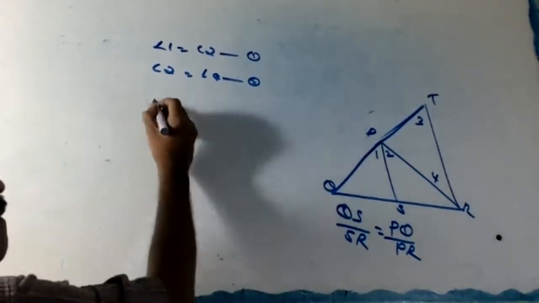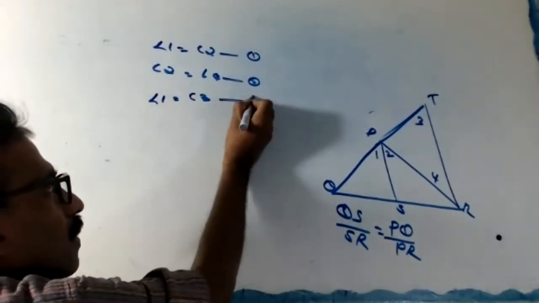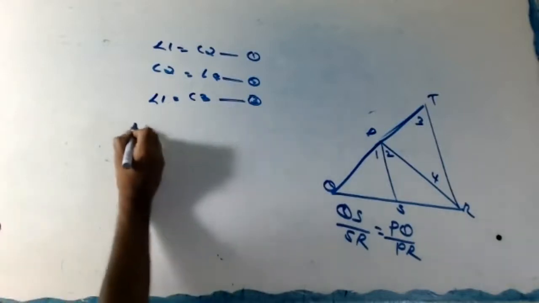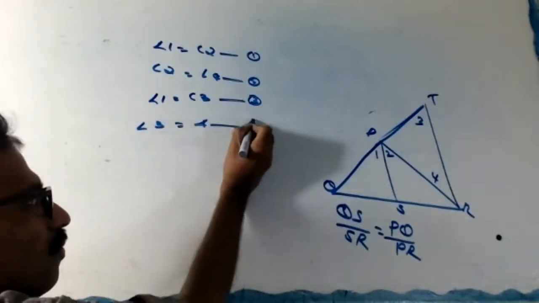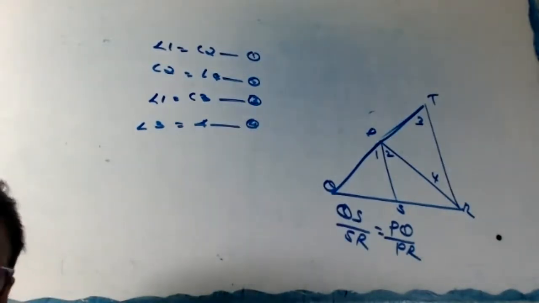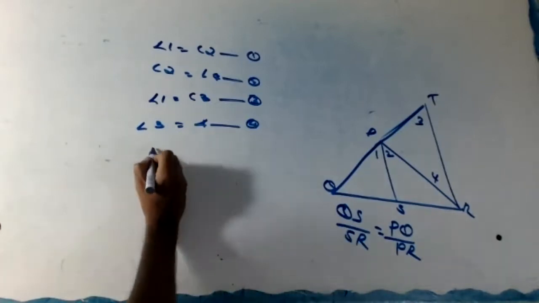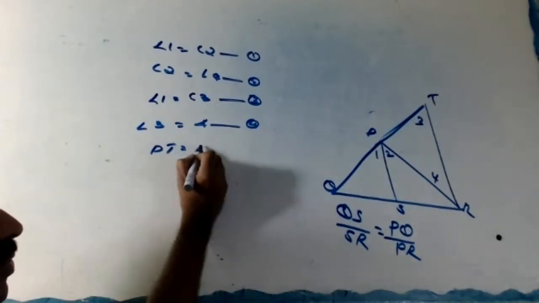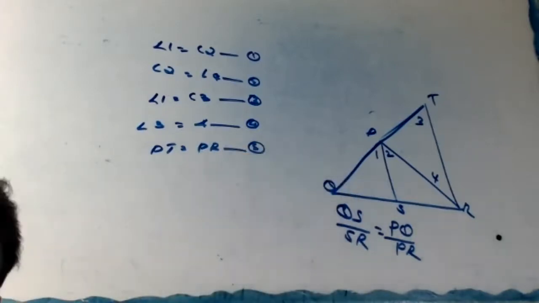Yes, angle 1 equal to angle 3, number 3. So that means angle 3 equal to angle 4, number 4, right? That means what? PT equal to PR, number 5. Reason: sides opposite to equal angles are equal.